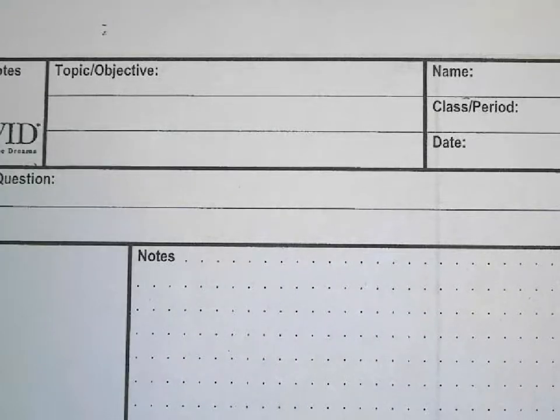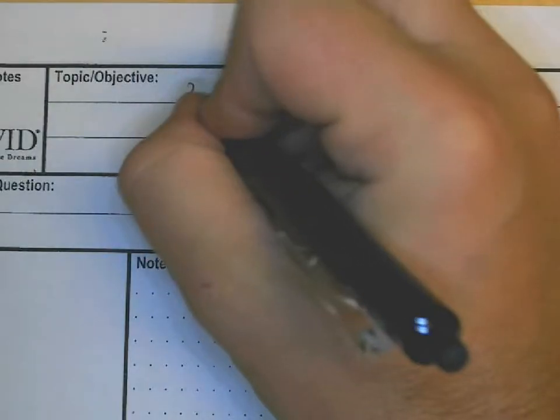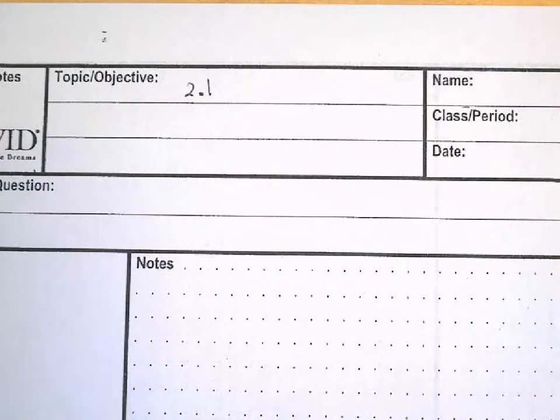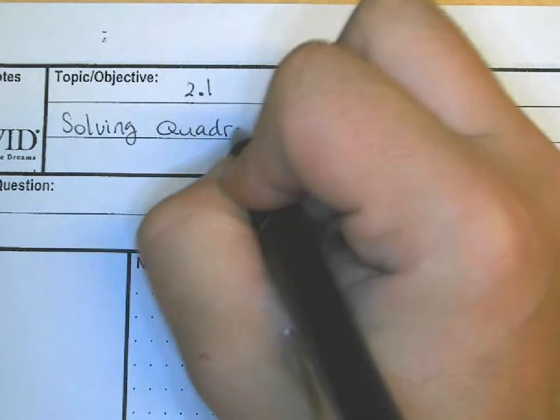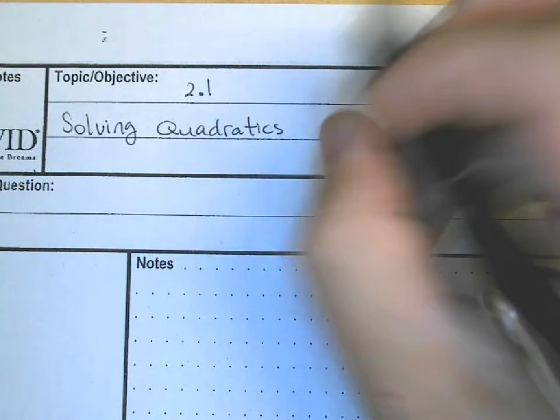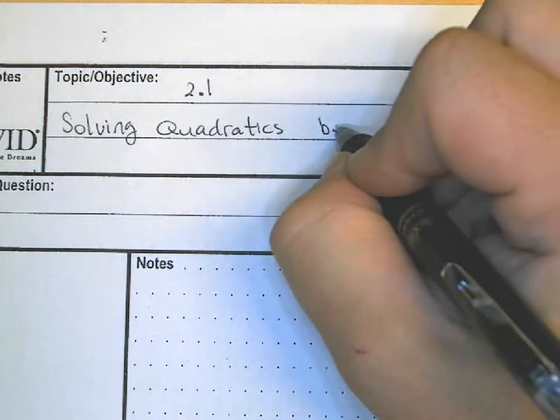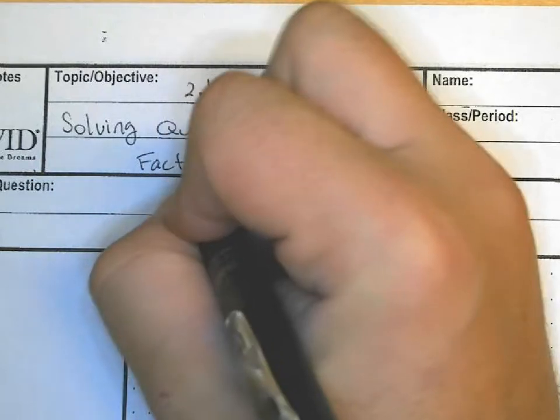In this video, we will be looking at 2.1, solving quadratics by factoring.